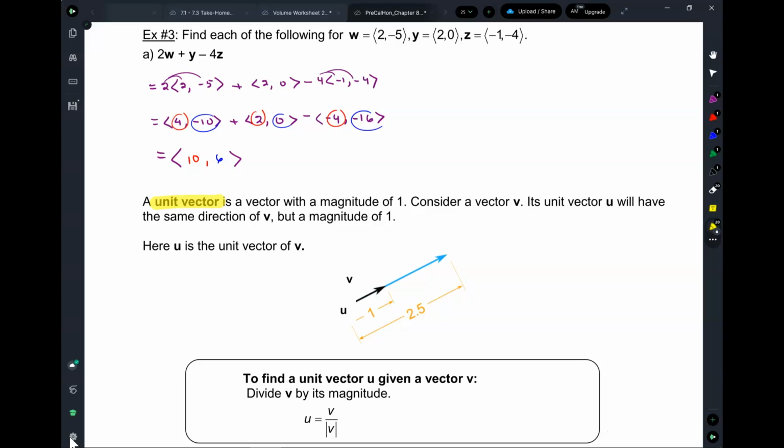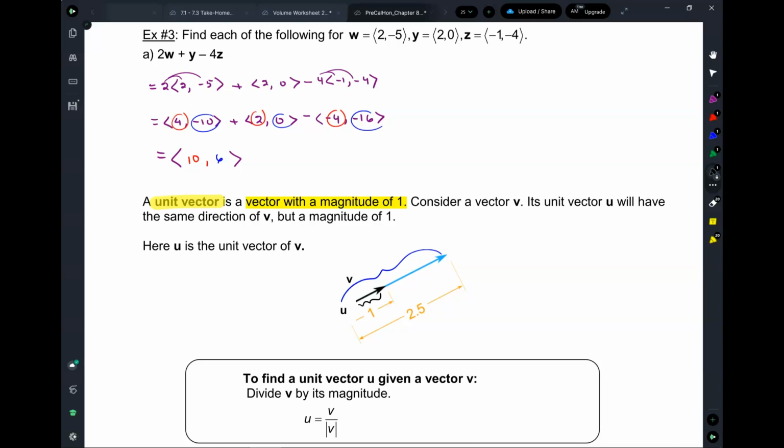A unit vector is a vector with a magnitude of 1. Take a look at this vector v here. That vector has a length of 2.5. It has a magnitude of 2.5. Its unit vector u is this tiny little vector. Do you see how it has exactly the same direction as v, but it's only 1 unit long?